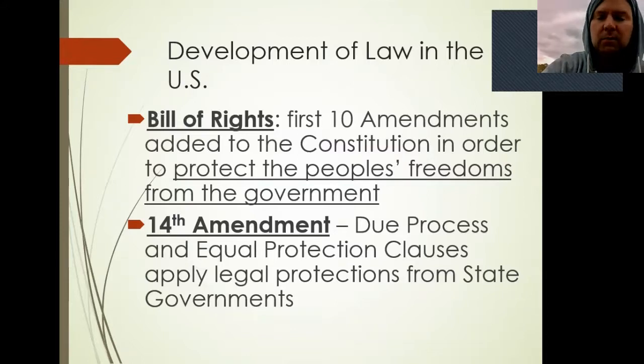So the 14th Amendment, even though it wasn't properly enforced by the courts, was designed to try and protect African Americans from the governments in those states in particular, to try and make sure that they were treated fairly and equally. So the 14th Amendment, that's one of the things we started with in this week's unit.